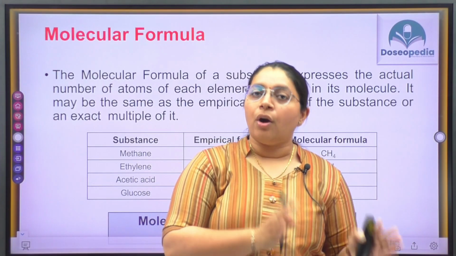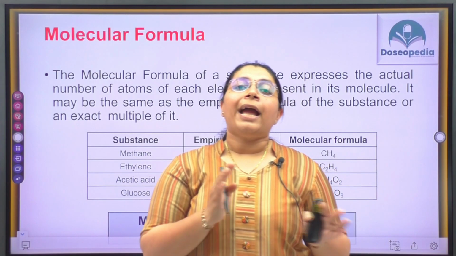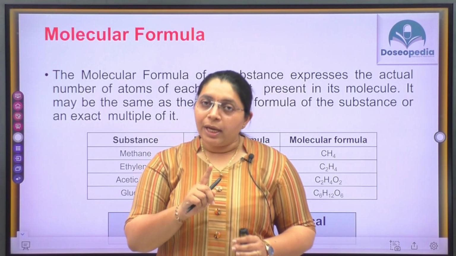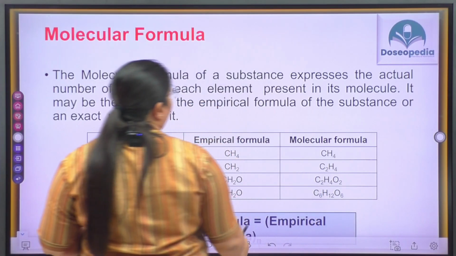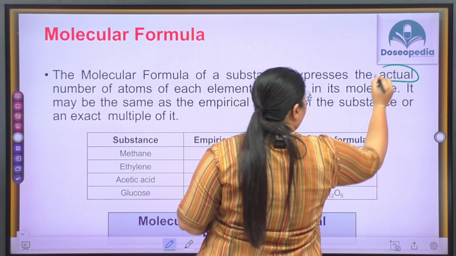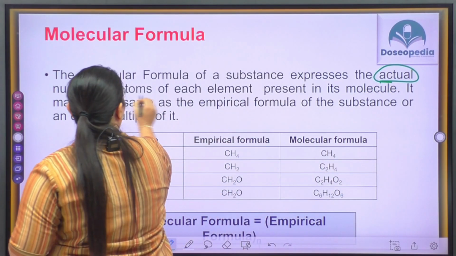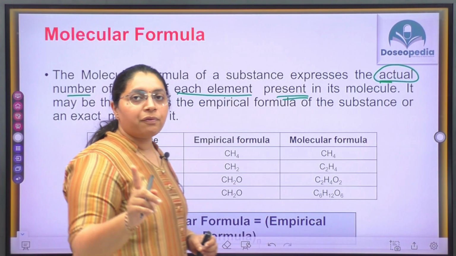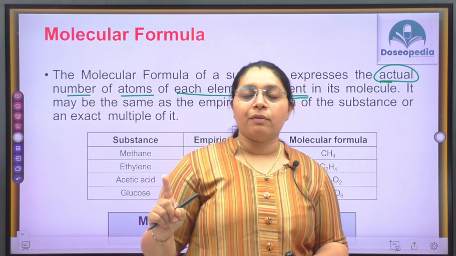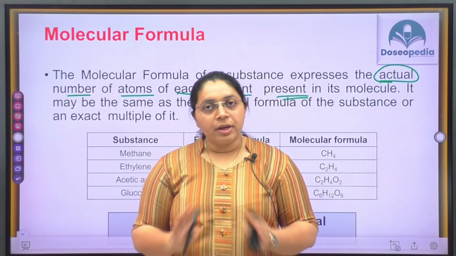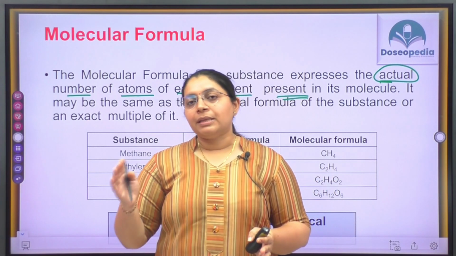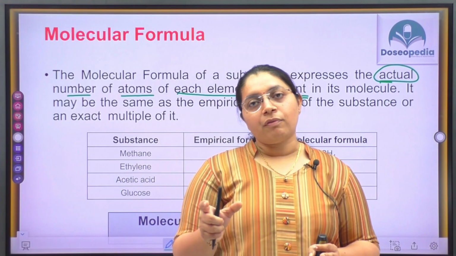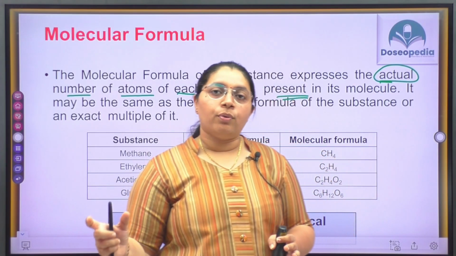Empirical formula does not give us the actual number of the elements present in the organic compound, but molecular formula gives us the actual number of atoms of each element present in the molecule. So this is the difference between empirical formula and molecular formula.